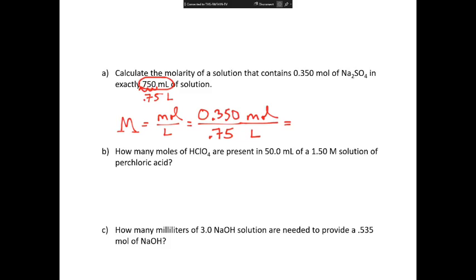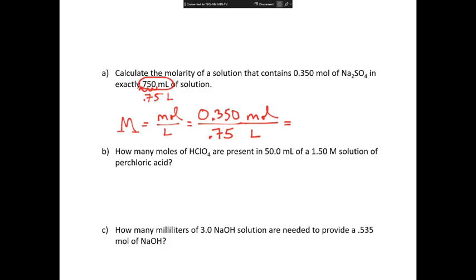You can do it with me on a calculator, just so you can do these if you don't have one. 0.35 over 0.75.